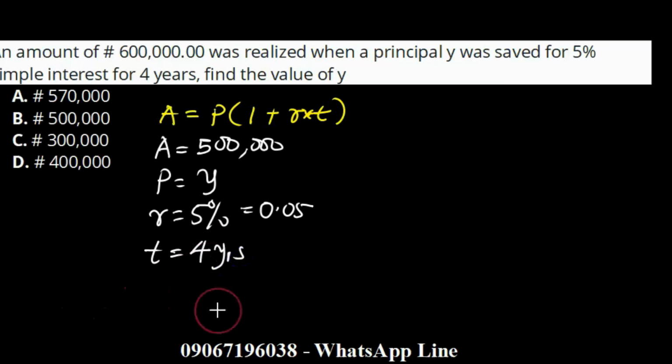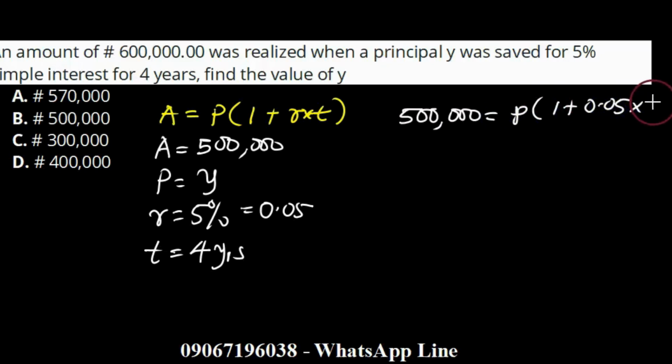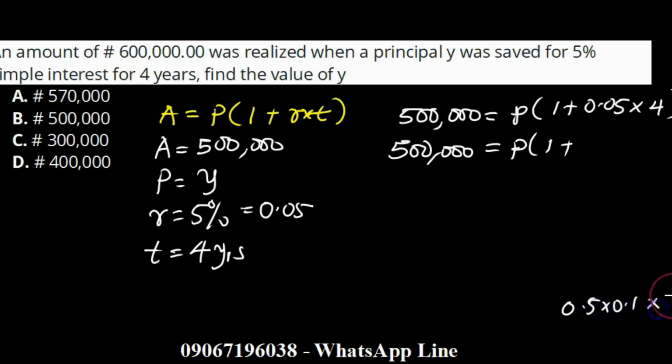So plugging that in, this is going to give us 500,000 is equal to P times 1 plus 0.05 times 4. Let's do a quick math here. 0.05 times 4: 0.5 times 4 will give me 2, and 2 times 0.1 will give me 0.2. So this is going to be 0.2 plus 1.